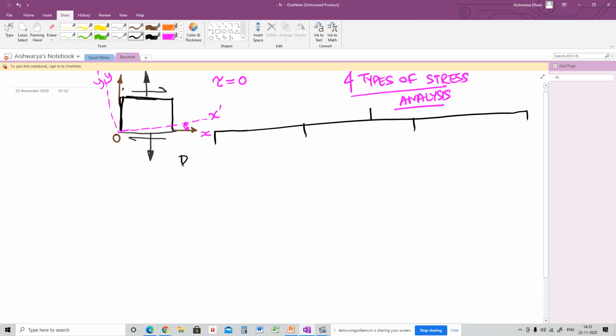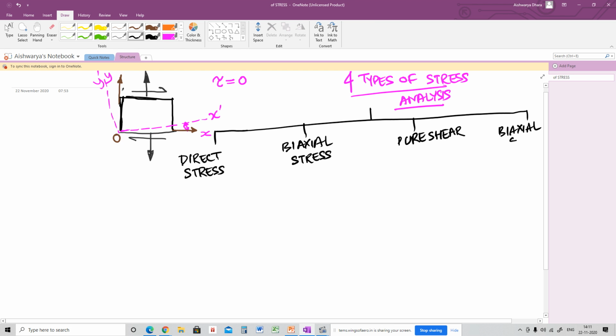The first one is the direct stress condition. The second one is the biaxial stress condition. The third one is pure shear. And the fourth one is the combination of biaxial and pure shear stress condition.